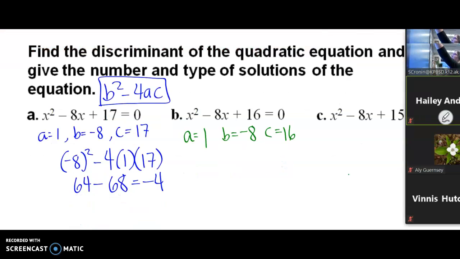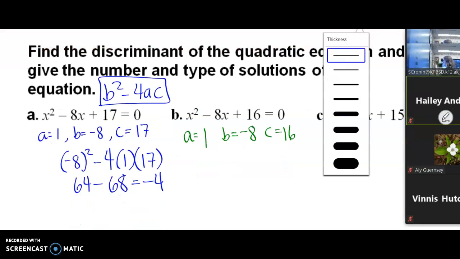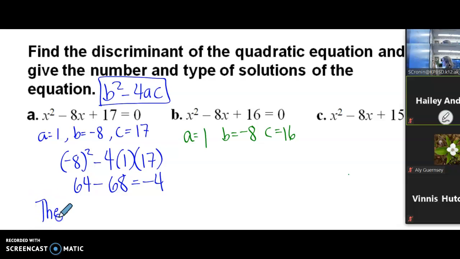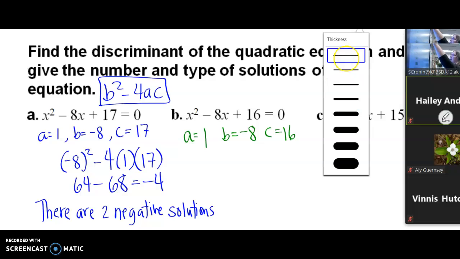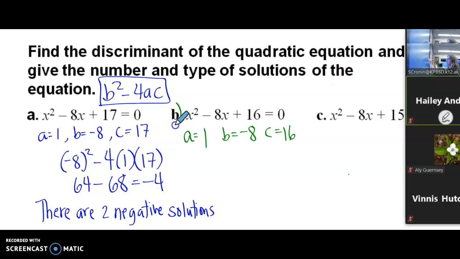Okay, you guys, I forgot to write that over here. There are two imaginary solutions because the discriminant was negative. And then identifying a, b, and c for part B here. A would be 1, b is negative 8, so be careful, and c is this constant 16.